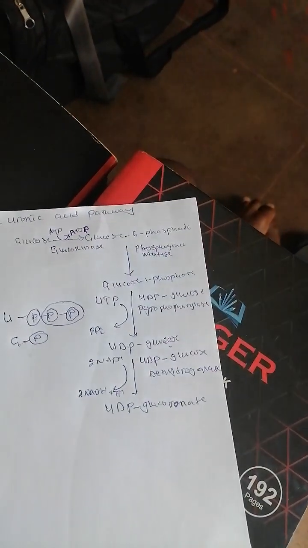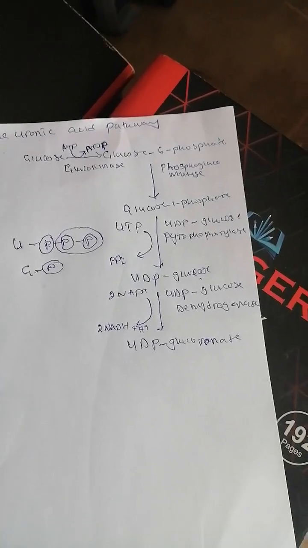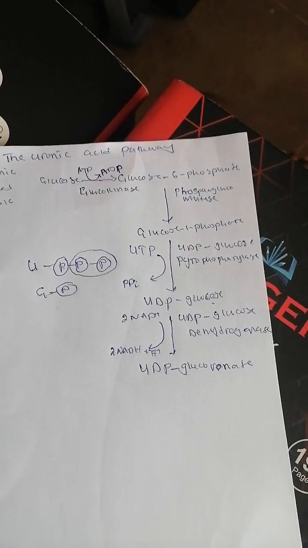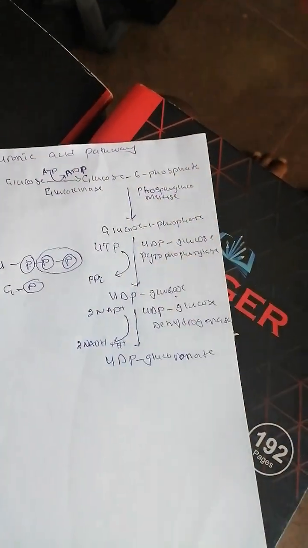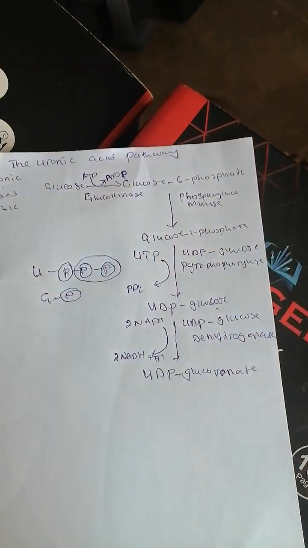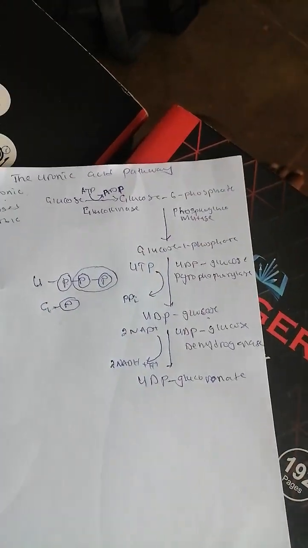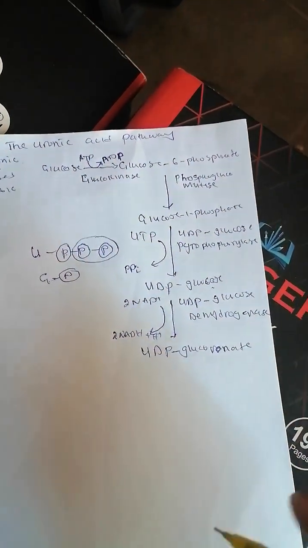I'm sure we are following, and understanding this pathway is going to help you tell different diseases apart, such as pentosuria, the essential pentosuria, which we're going to see as the video progresses.